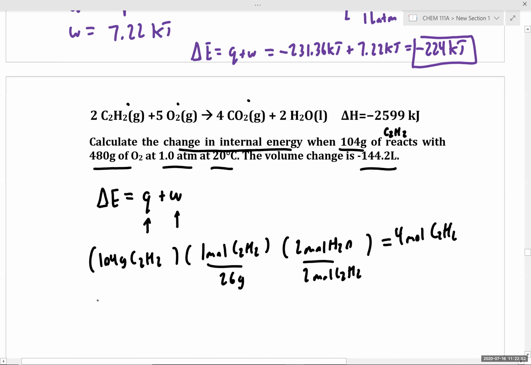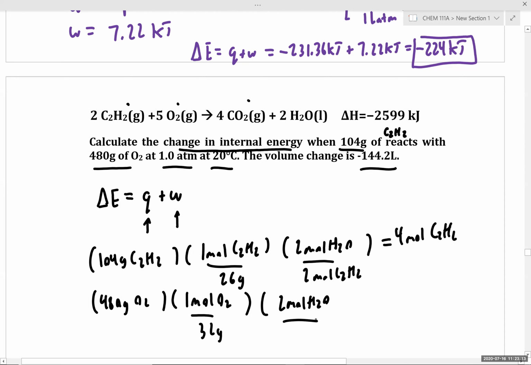Okay, let's look at oxygen. We have 480 grams of oxygen. We know that in 1 mole of oxygen, we have 32 grams, and we know that we have 2 moles of water per every 5 moles of oxygen.